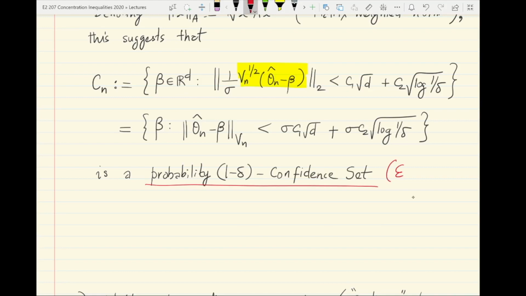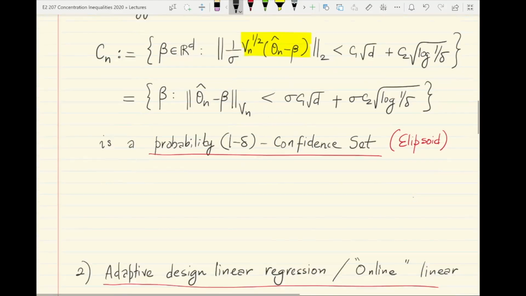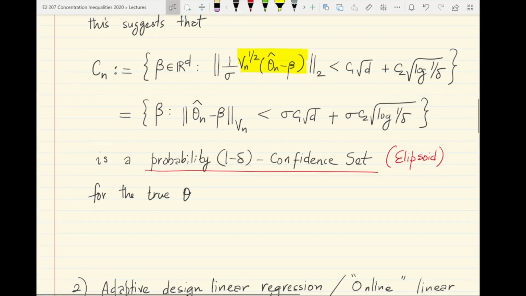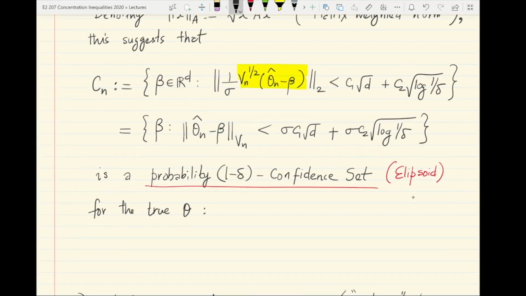In fact, it's an ellipsoidal confidence set. You can call it a confidence ellipsoid specifically for the true parameter theta of the linear model. The sense of the confidence set is that the probability that theta belongs to Cn is at least 1 minus delta.